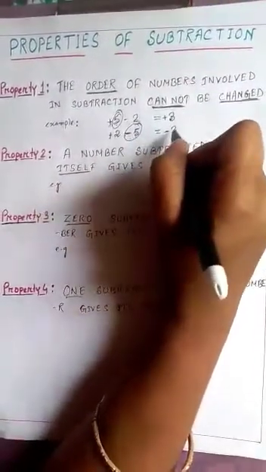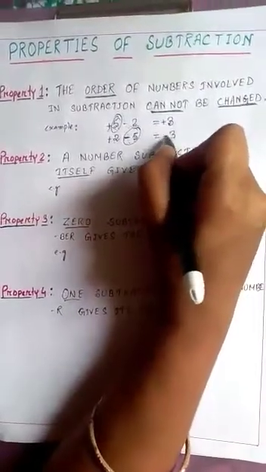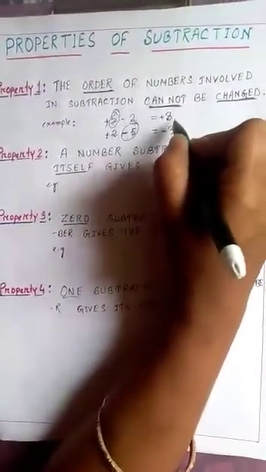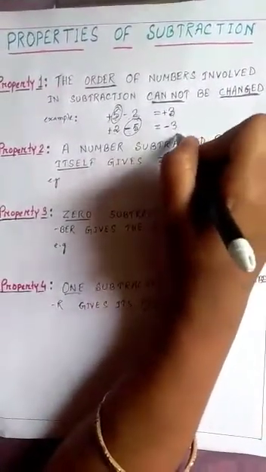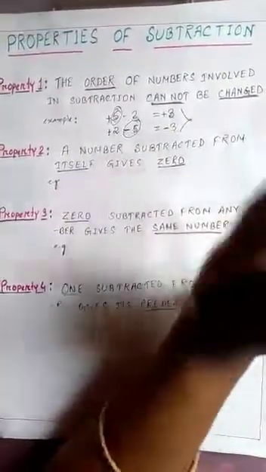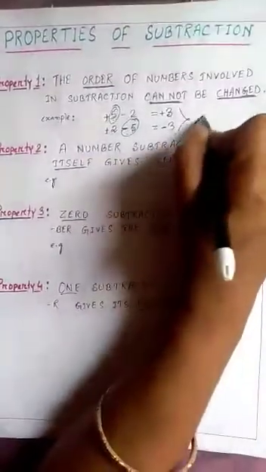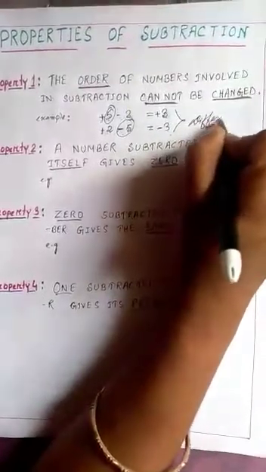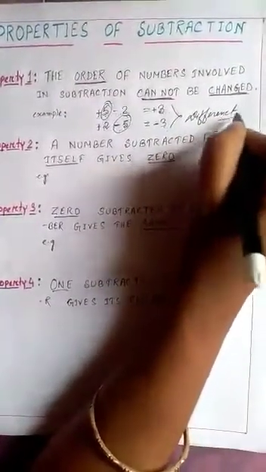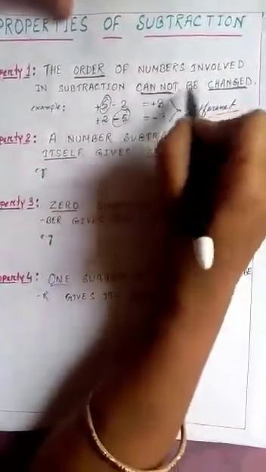That's why in the difference 3, it will be minus. That's why now it is plus 3 and it is minus 3. Both are different in result. So that's why we cannot change the order of the subtraction.